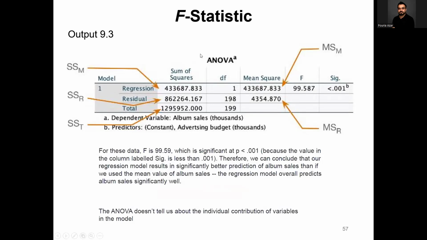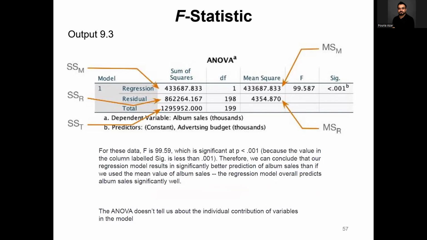As I said, in the SPSS output, there will be a table titled ANOVA, and we can find the F statistic in this table, and we have the p-value. So for our data set in this example, F is 99.59, which is significant at p-value less than 0.001.